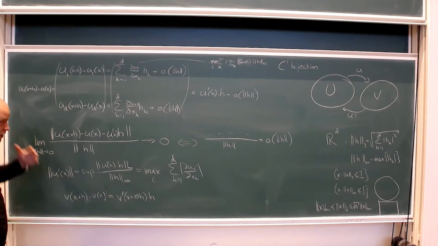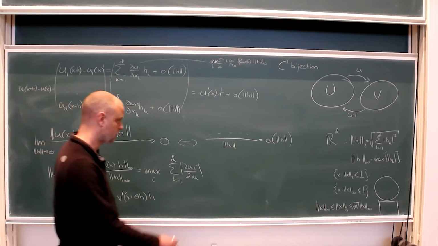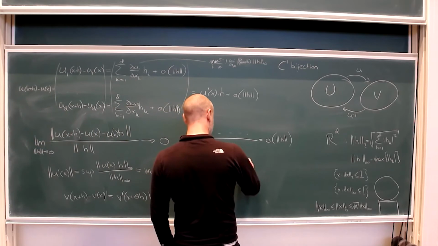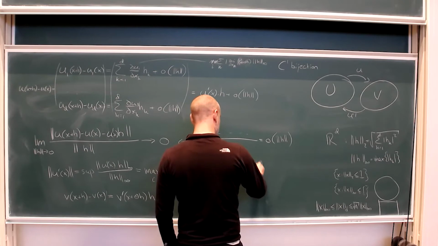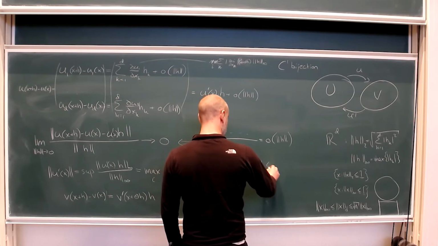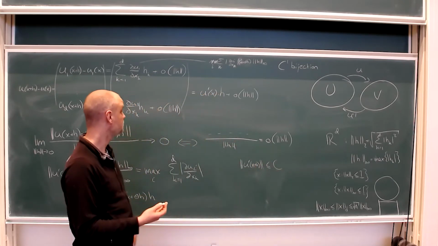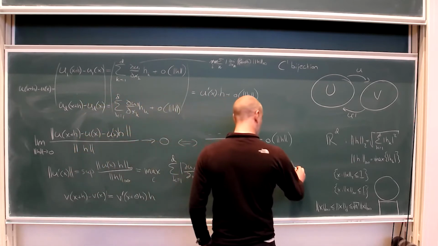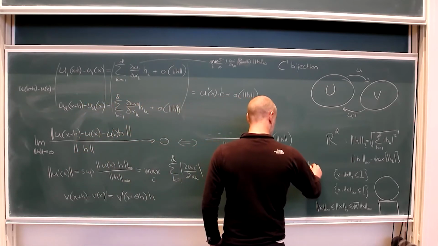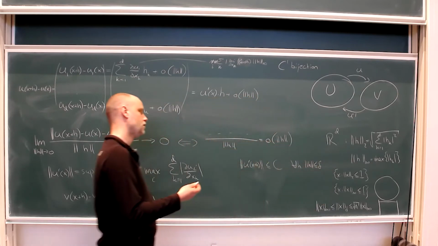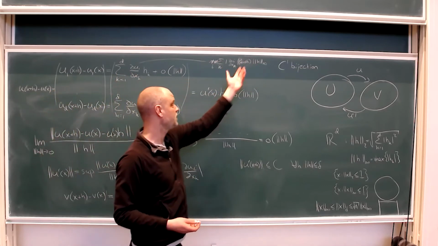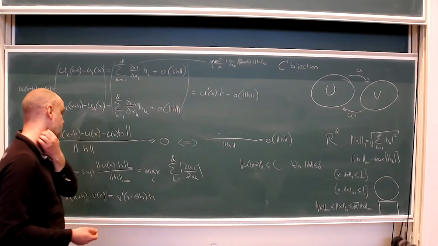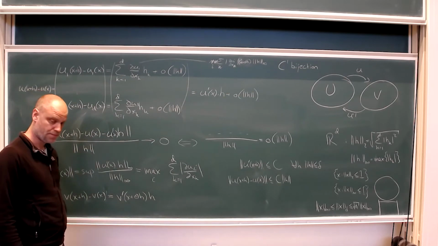So this means, if you think a bit about it, that if you have some number c such that your derivative is less than that value c for all h with, let's say, the norm less than some delta, then I just get c times the infinity norm of h here, right? So we get this formula.